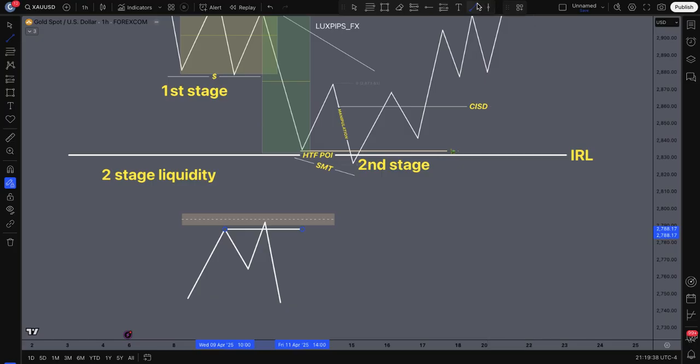There's your liquidity right here, your first stage. 1 and 2. It's your POI. Until then, you want to let price form. After then, you can start looking for little FEGs going in the direction where you want it to go.